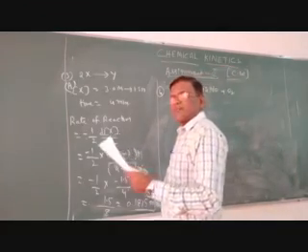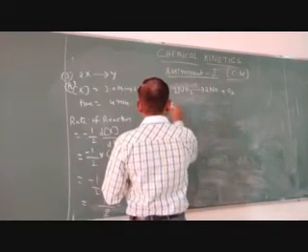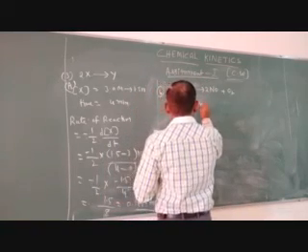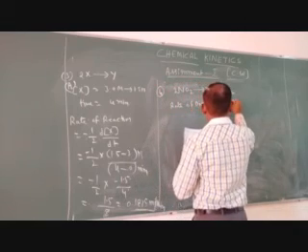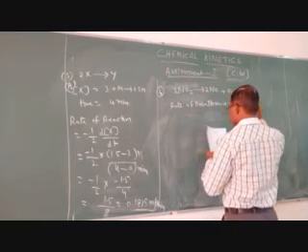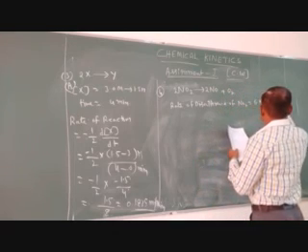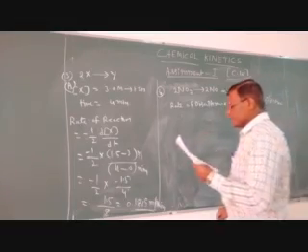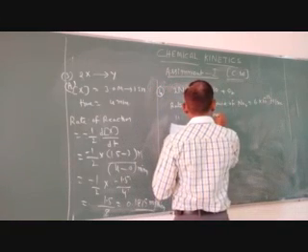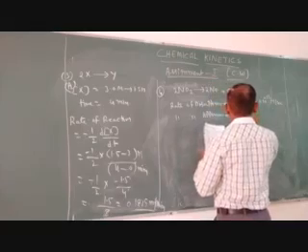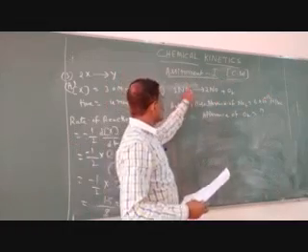The rate of disappearance of NO2 is given as 6 into 10 to the power minus 12 molarity per second. Then it asks for the rate of appearance of O2. Rate of appearance of O2 is equal to how much? That is the question.